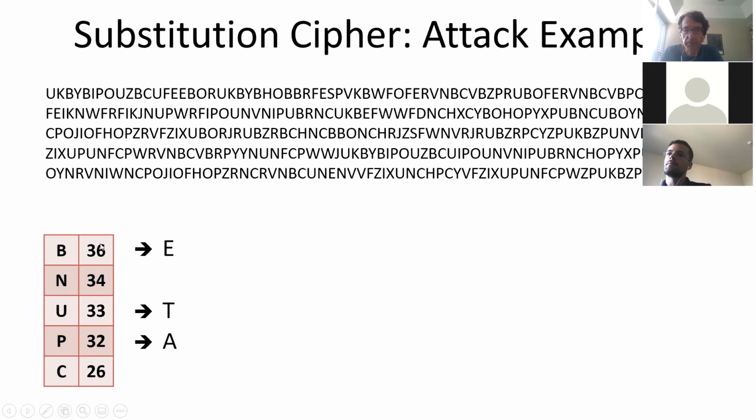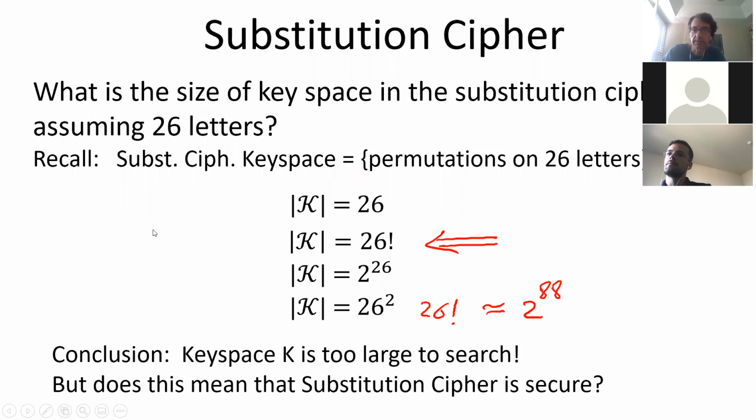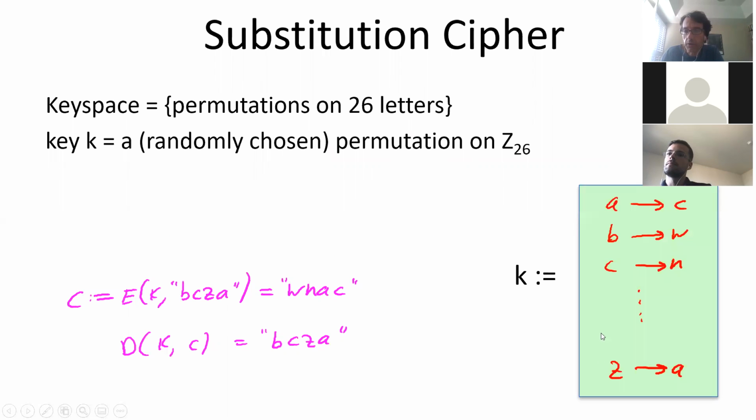Let's assume that the most frequent one is E. So this is a substitution cipher applied to E. And therefore, I have one line in this substitution cipher. I know that E went to B. Okay, I don't really know, but this is a good first assumption, right?